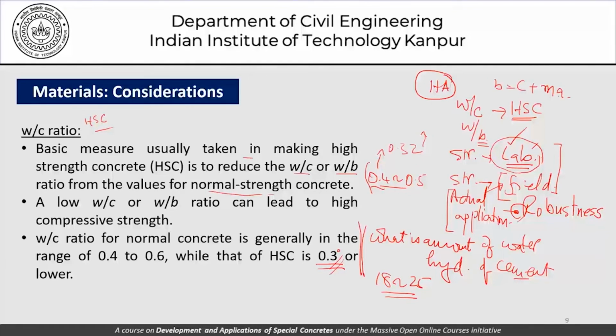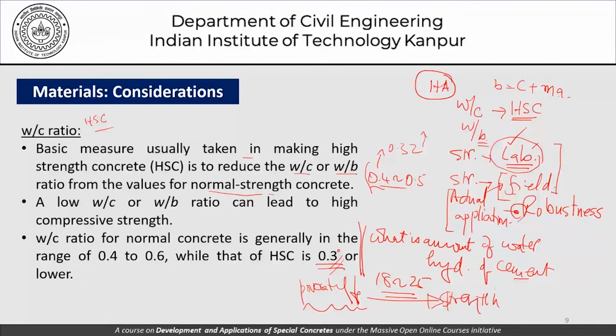In fact, if it does not escape and is consumed in the hydration, the porosity of the concrete will go down. And this is at the root of our thought process. If porosity goes down, obviously the strength will increase.